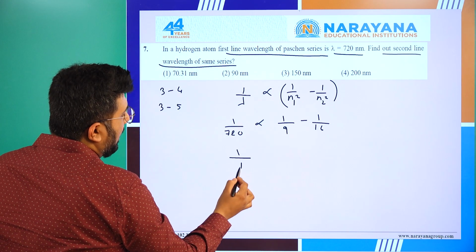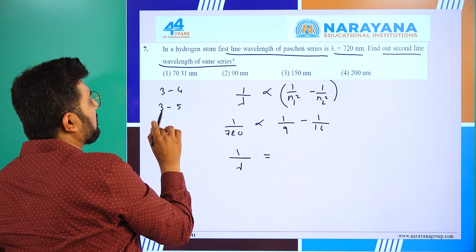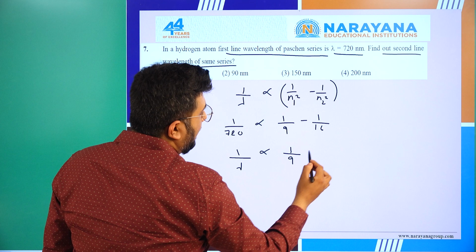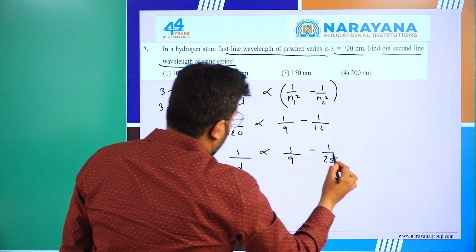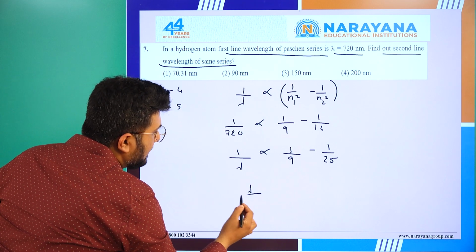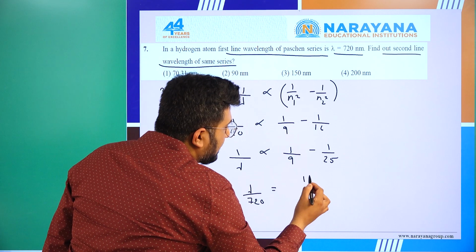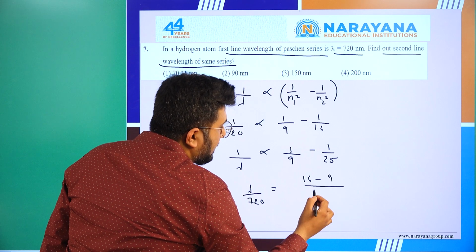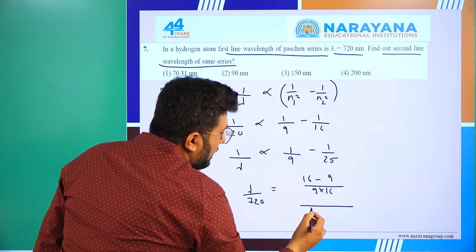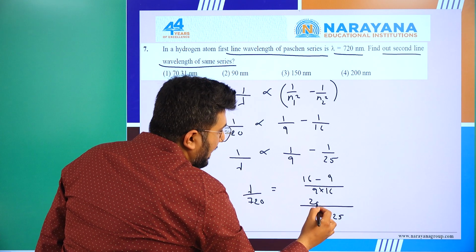Similarly, 1 by lambda, which I need to find out for the second line, will be from 3 to 5. So it will be proportional to 1 by 9 minus 1 by 25. When I divide the two, I'll get lambda by 720 equals, so here LCM 16 minus 9 by 9 into 16 divided by LCM 9 into 25, 25 minus 9.